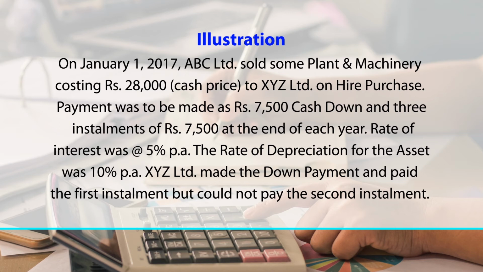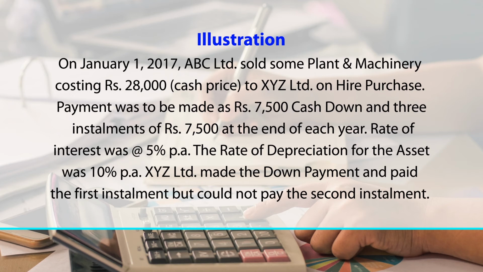Here XYZ Limited is the hire purchaser and ABC Limited is the hire vendor. Payment was to be made as rupees 7,500 cash down payment and 3 installments of rupees 7,500 each at the end of each year. Rate of interest is 5% per annum, rate of depreciation 10% per annum.